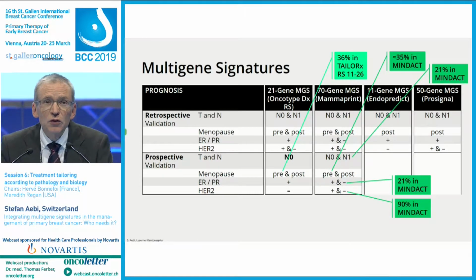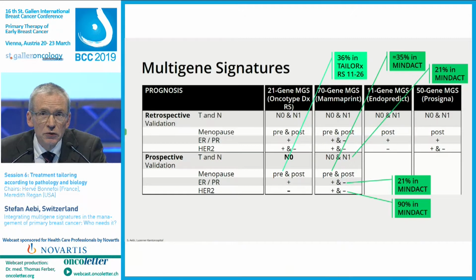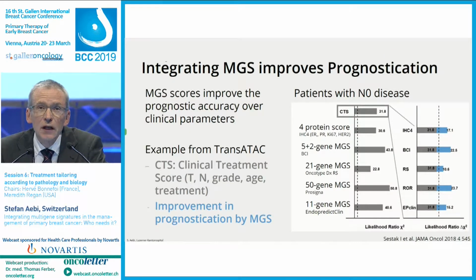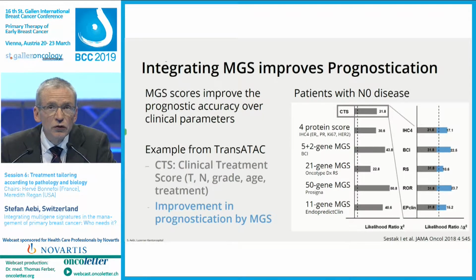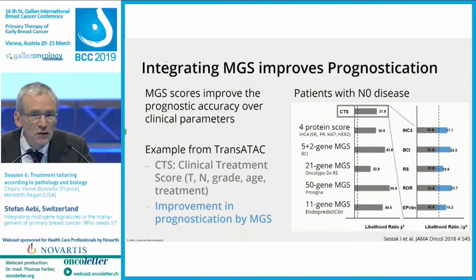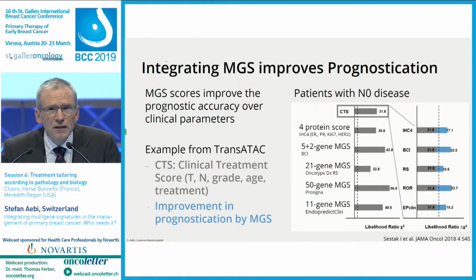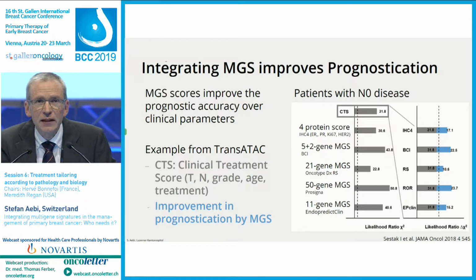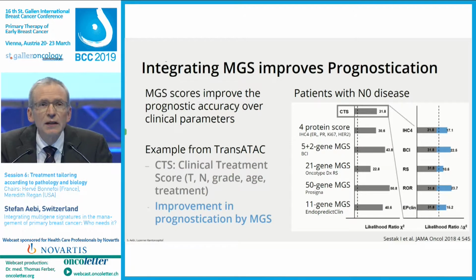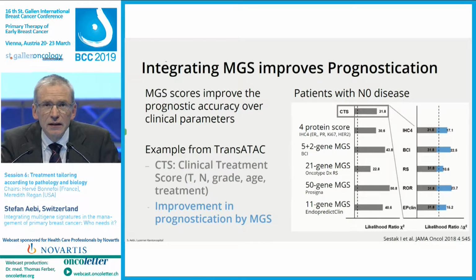There are no prospective validation data for the other two multigene signatures. The integration of multigene signatures does improve not prognosis, but prognostication. The example I show here, you've probably seen it yesterday, is from the TransATAC, where you have a clinical treatment score composed of T, N stage, grade, age, and treatment, tamoxifen versus anastrozole.